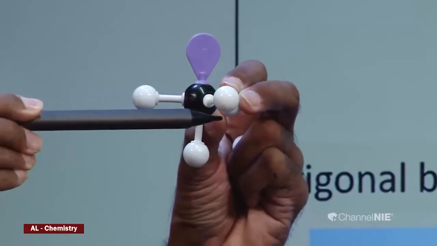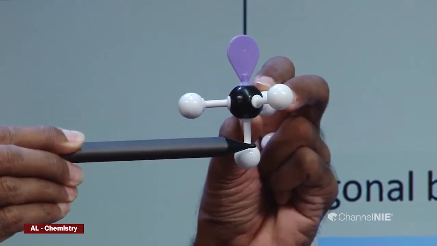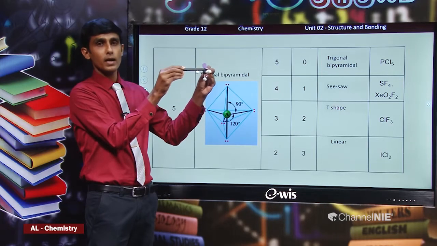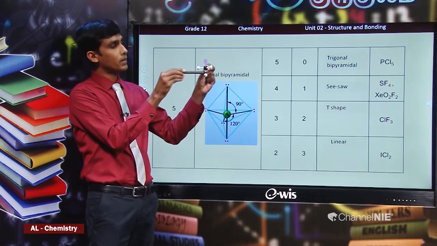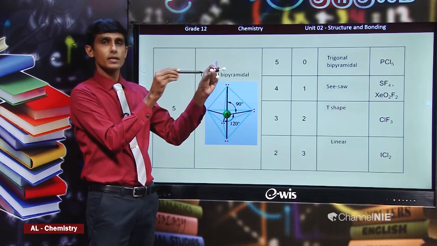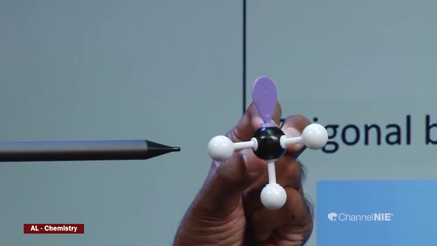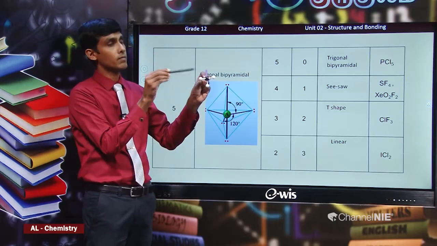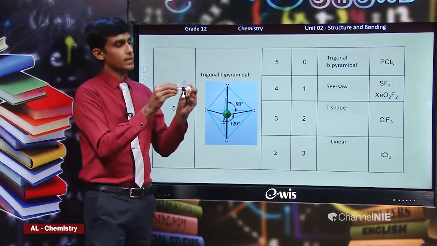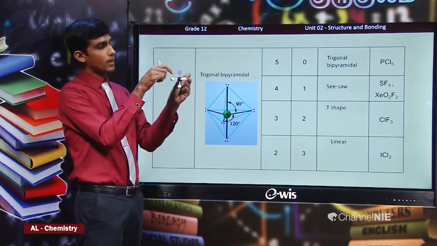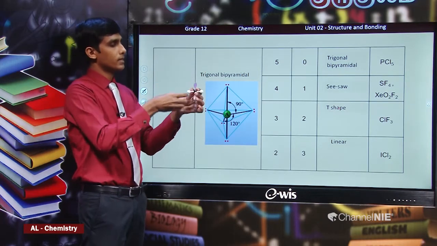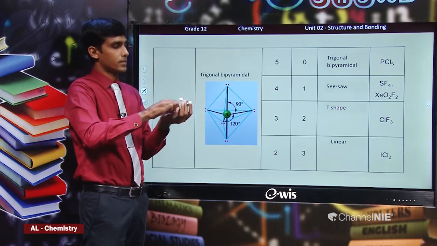So it is not possible. Since lone pair bond pair repulsions are stronger compared to bond pair repulsions, this is not the most stable arrangement when you have 4 VSEPR pairs and 1 lone pair. The other option is that rather than existing in the axial position, the lone pair may exist in the equatorial plane. It is like this.